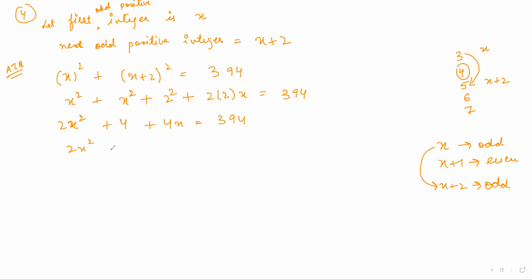So 2x square plus 4x, and if you subtract, you get minus 390 is equal to 0. Now you can take a 2 common just to make it a bit simple. So x square plus 2x minus 195 is equal to 0, since 2 into 195 is 390, and that 2 will go in the denominator. It will become 0. Fine, Arshia?